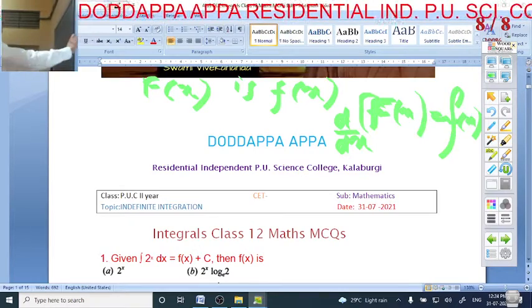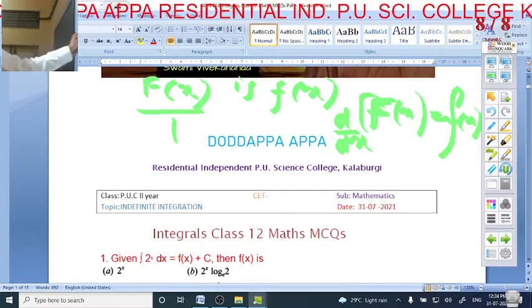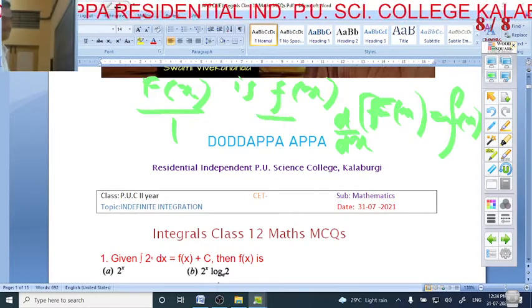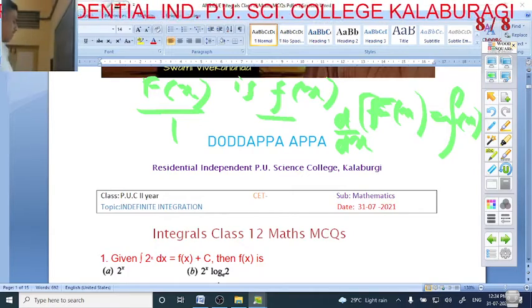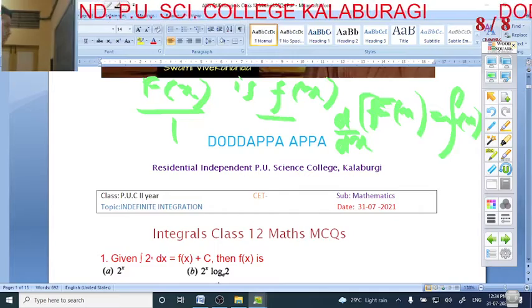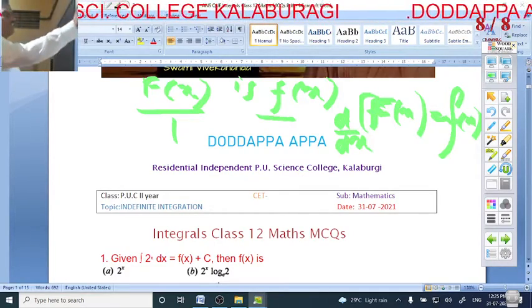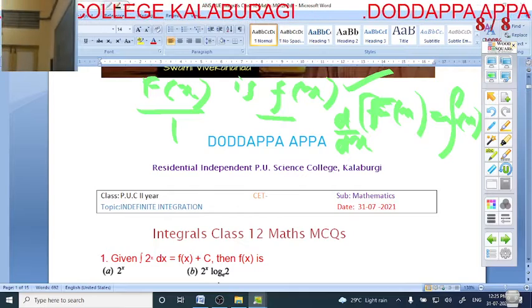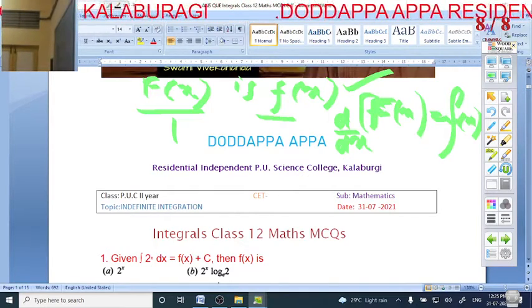So here the differential coefficient of capital F of x is small f of x. Then you write d by dx of capital F of x is small f of x. Yes. If the differential coefficient of capital F of x is small f of x, then you can write this quantity.